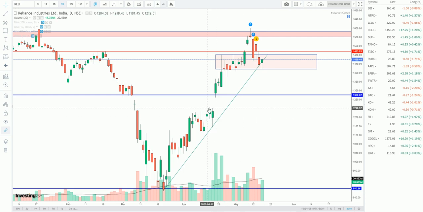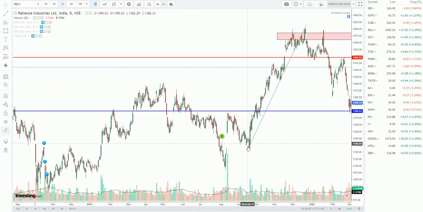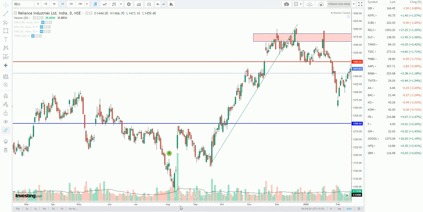There is also a gap here. There was an AGM in the stock during the August month, and the stock took a big gap up, and then it went up. After that, before proceeding upwards, the stock gap got filled and then it moved up.